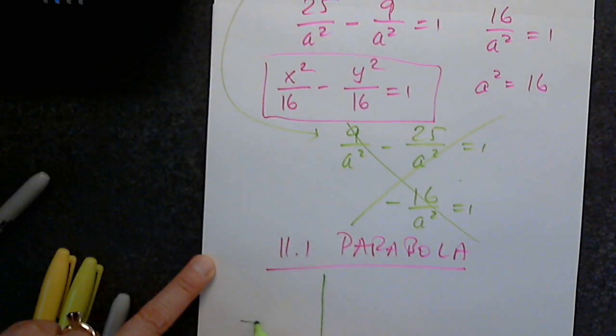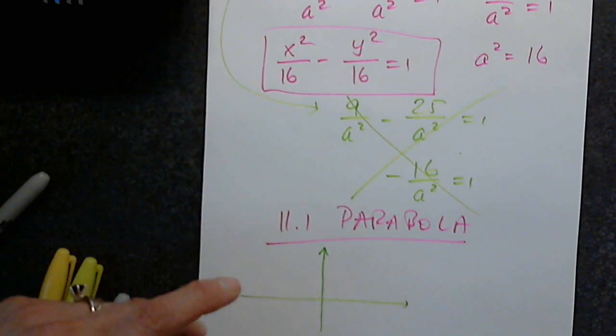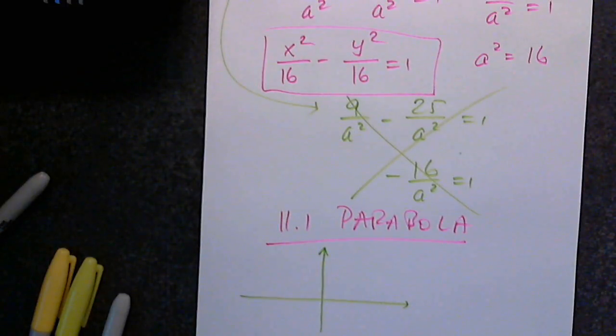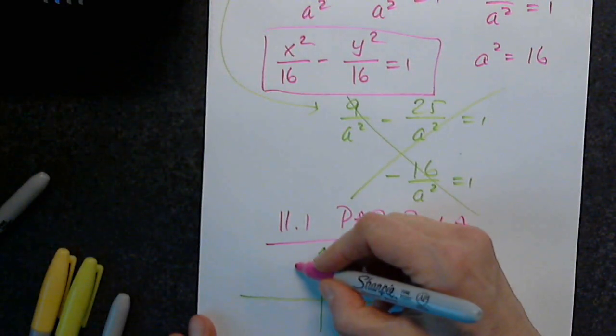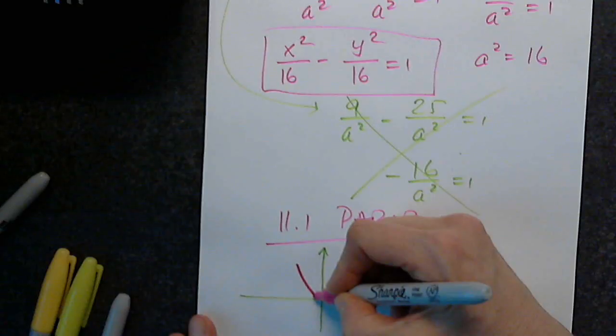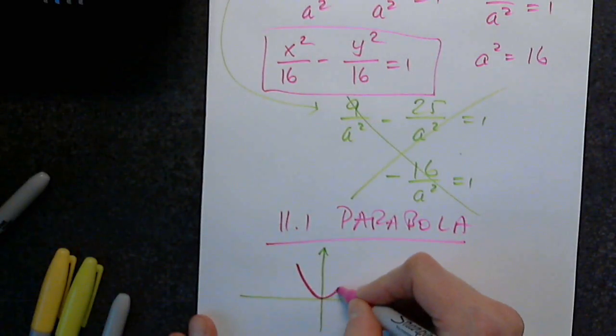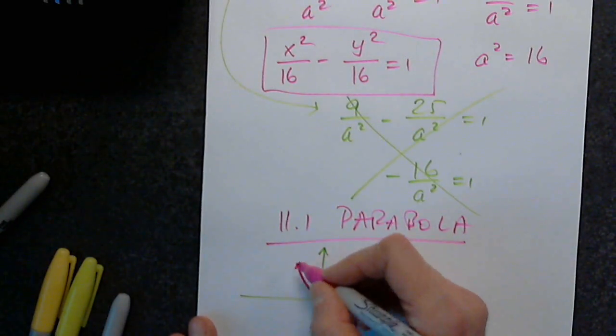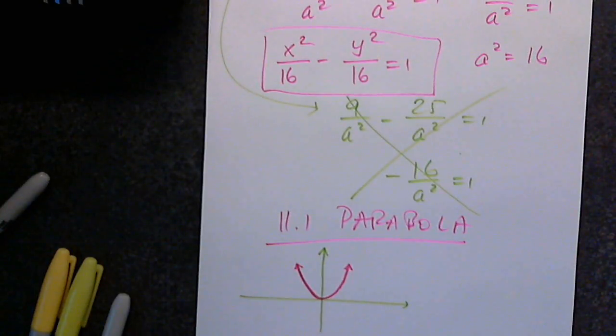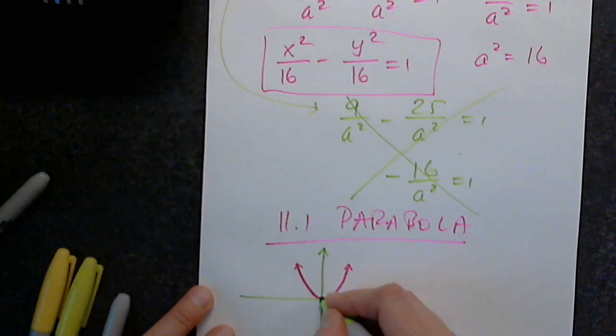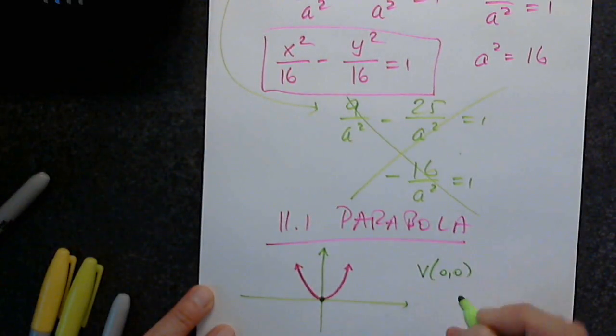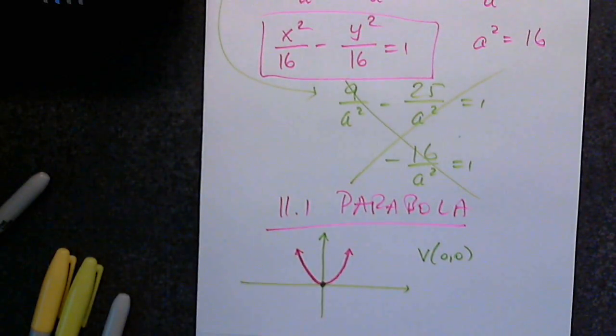So assuming there is a parabola with a vertex at the origin, and let's say this one opens upward. The vertex is the same. No change there. Same vertex as we know it from chapter 2.